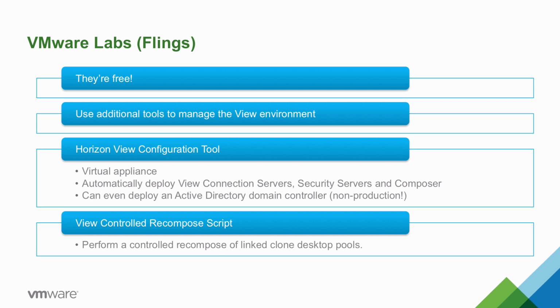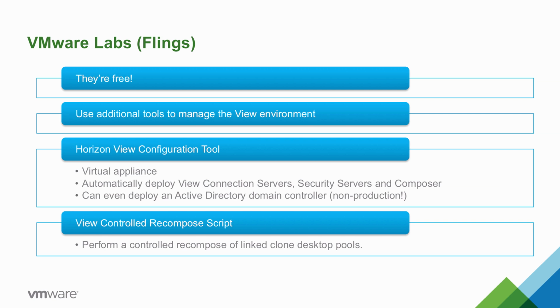One of them I've already talked about, and that was the optimization tool that's available. But there's also a Horizon View configuration tool that gets deployed as a virtual appliance and allows you to automatically deploy connection servers, security servers, and Composer, and even an AD domain controller for the purposes of a PSO or a POC.